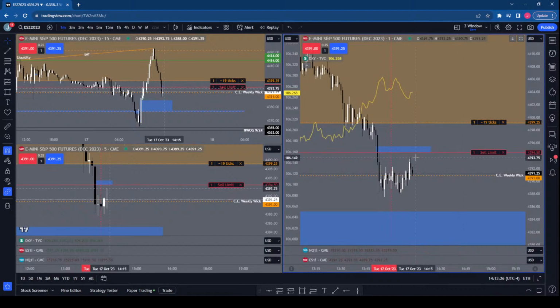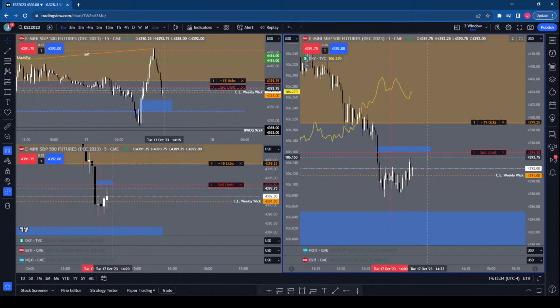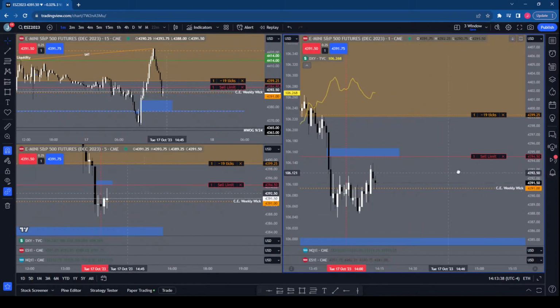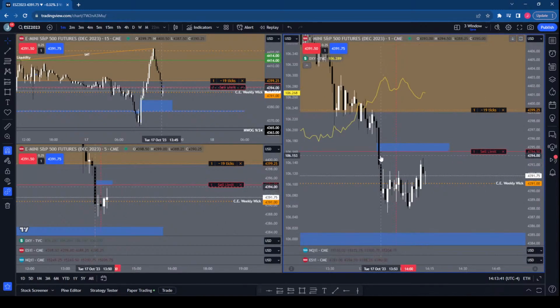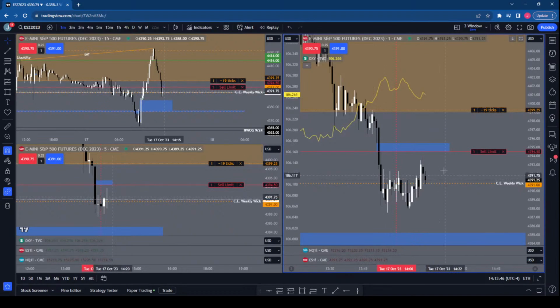You can see this candle, we came right up to the wick, consequent encroachment of this wick. So that's another thing too, these wicks are PD arrays. This wick on the 1 minute is a PD array inside this 5-minute fair value gap.